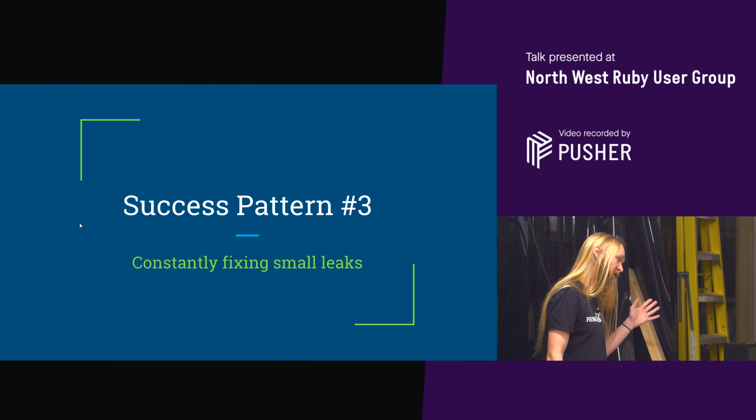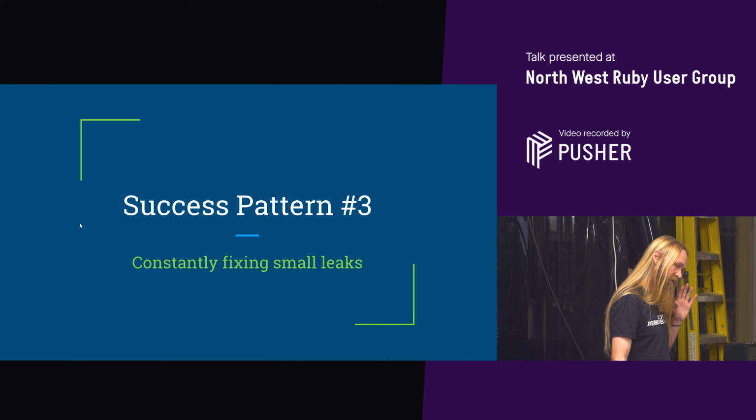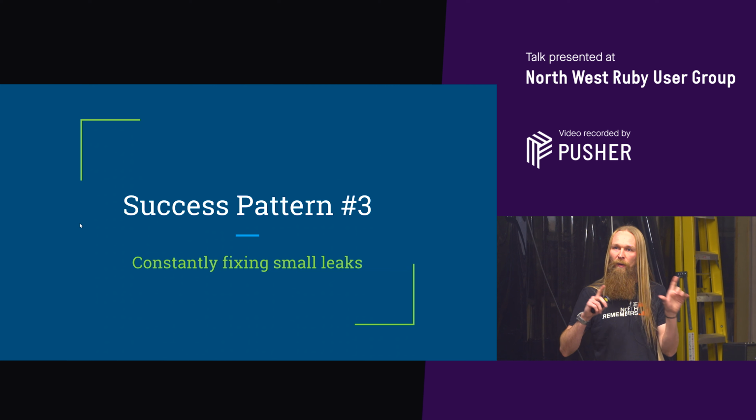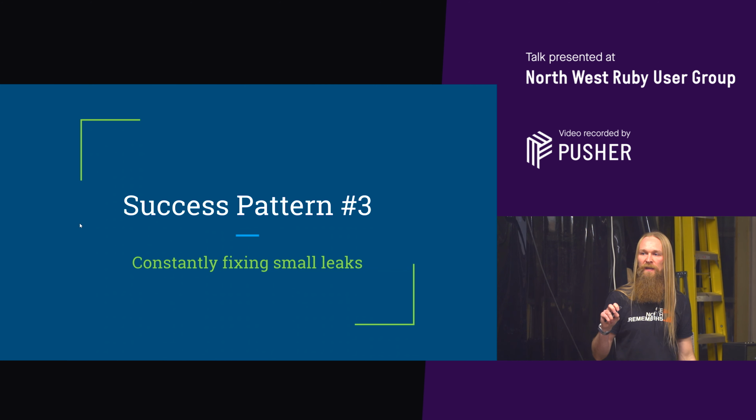So Spartan 3, constantly fix the small leaks. Again, he would look at all of these little problems, these little hands where he was just losing $1 every 100 hands by playing this one thing badly, a small adjustment. In software, how many of you have got a flaky test on CI that just fails 1 in 4 times?